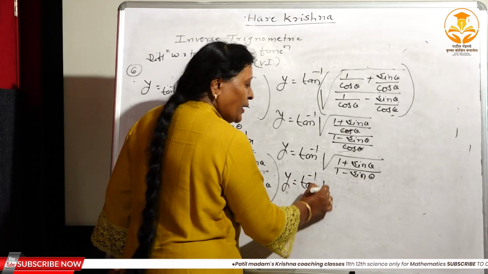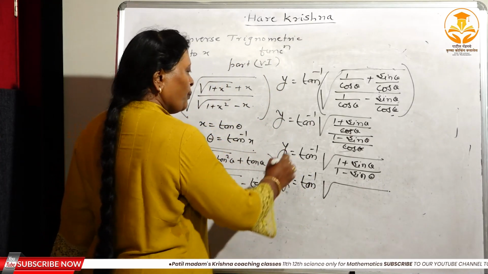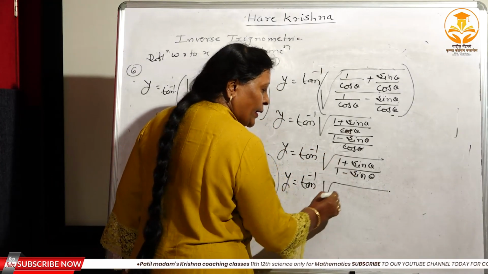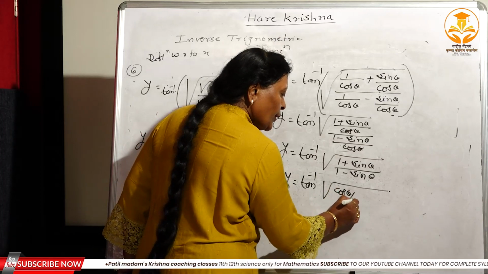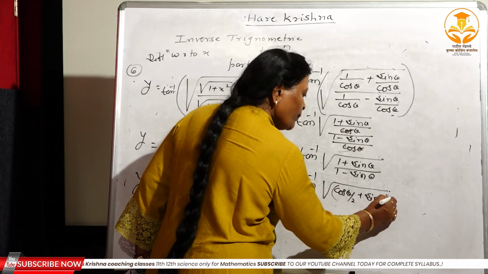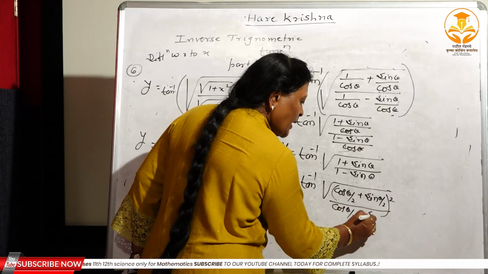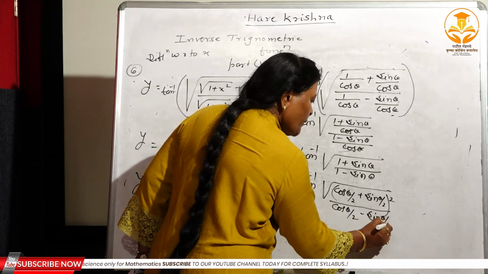Tan inverse. Again this you can write as 1 plus sin theta, which is cos theta by 2 plus sin theta by 2 whole square, and here cos theta by 2 minus sin theta by 2 whole square.